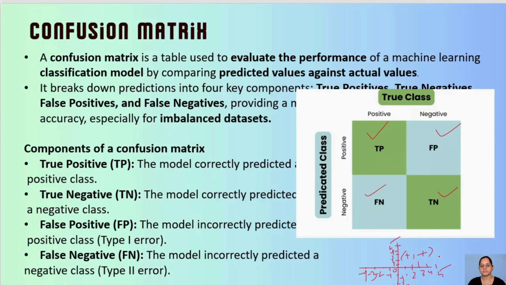So if we divide this into 4 planes, or quadrants, this is plus, plus; this is minus, plus; this is minus, minus; and this is plus, minus.